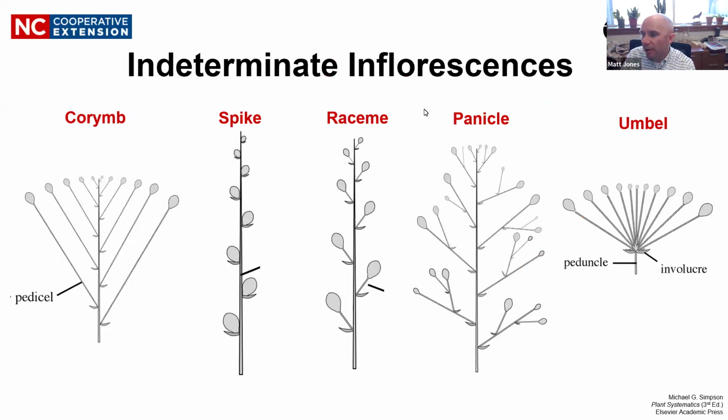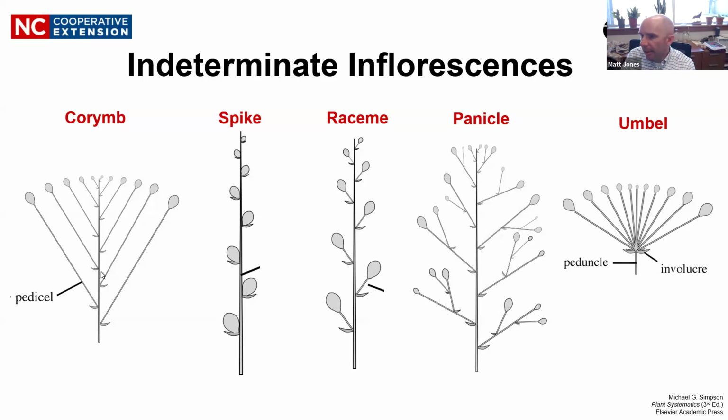So looking at indeterminate inflorescences, starting with a raceme, a simple stalk of flowers. If you take that raceme and reduce the length of the pedicels so that the flowers look like they are directly attached to the peduncle, the stem structure here, it's called a spike. If you take a raceme and it starts to branch into multiple flowers, it's called a panicle.